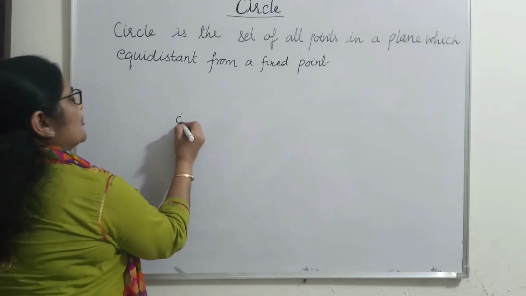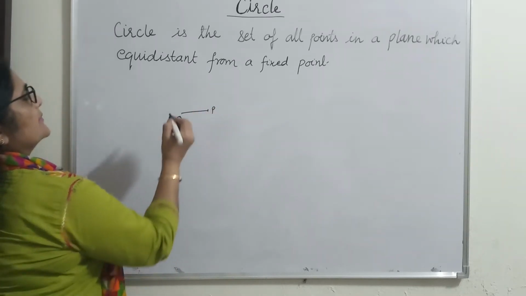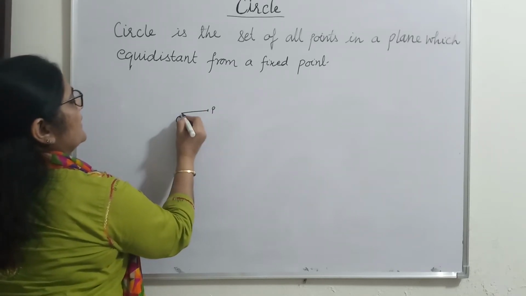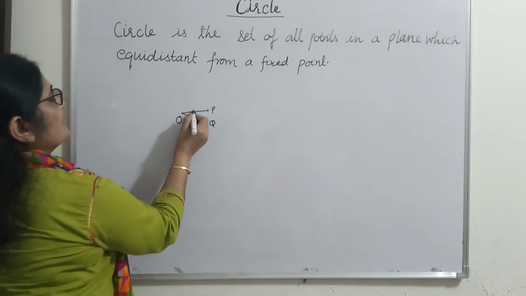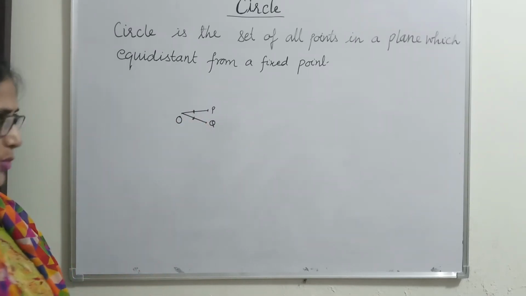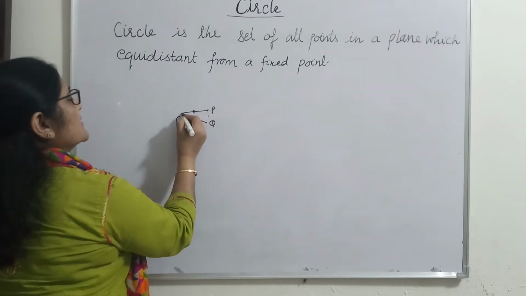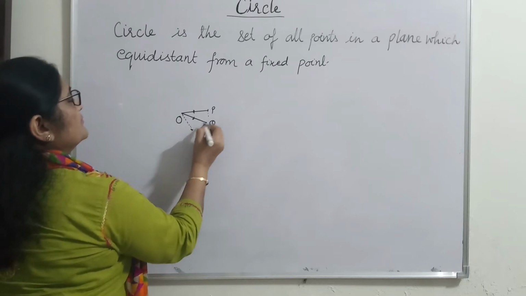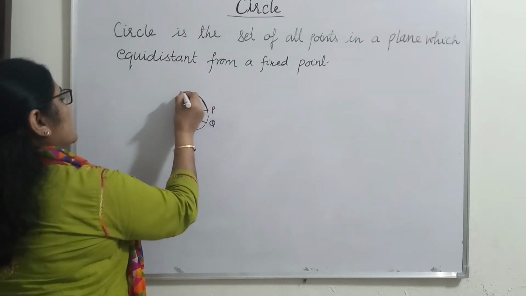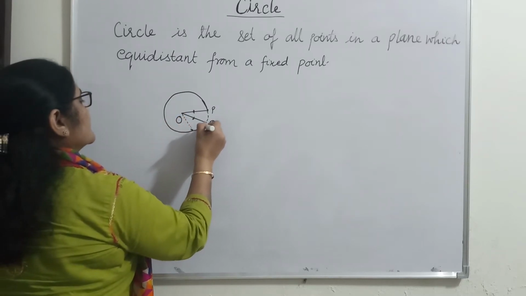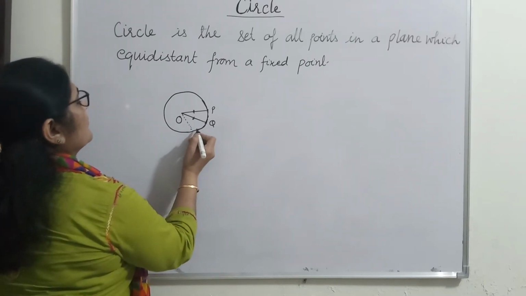Now let O be a fixed point in a plane and P be another point at a distance OP, and we have taken a point Q that is also at the same distance from O. So, a circle is the set of all points, there may be other points also, which are equidistant from the fixed point.